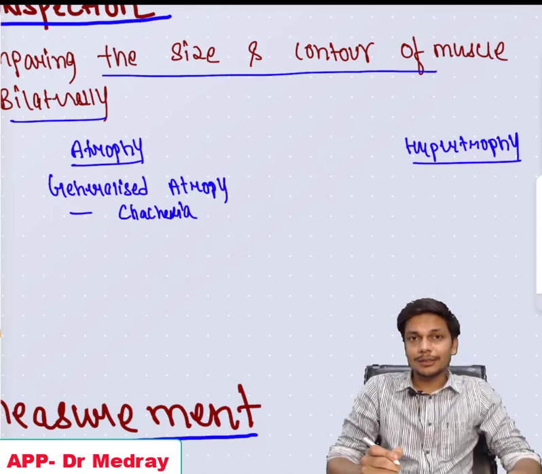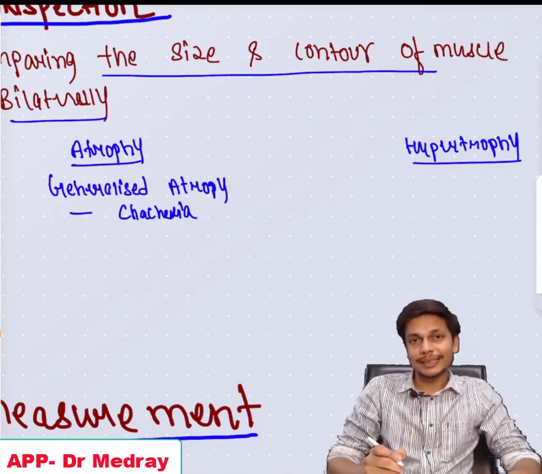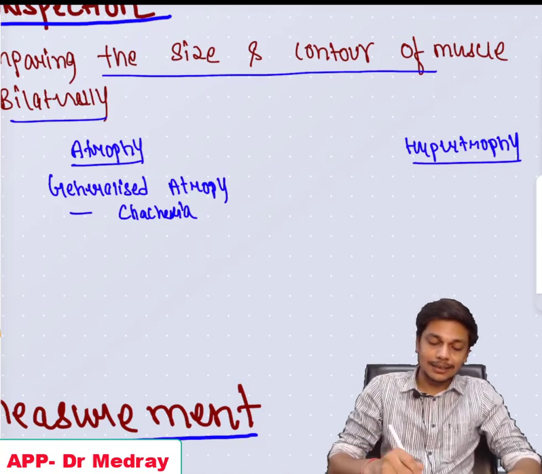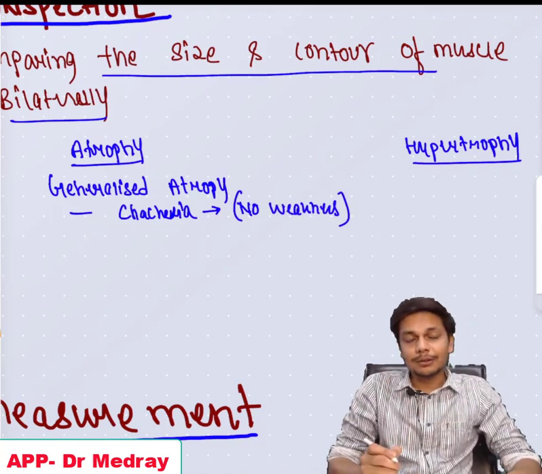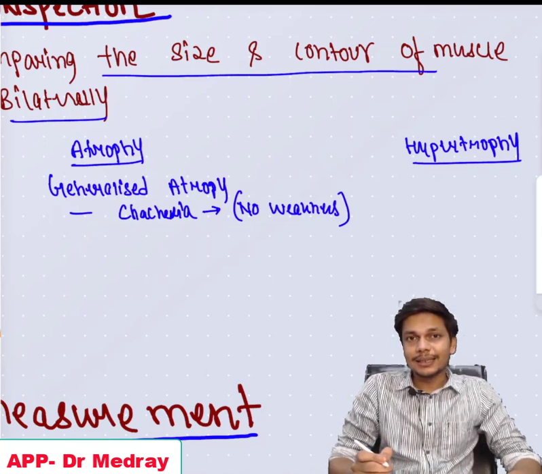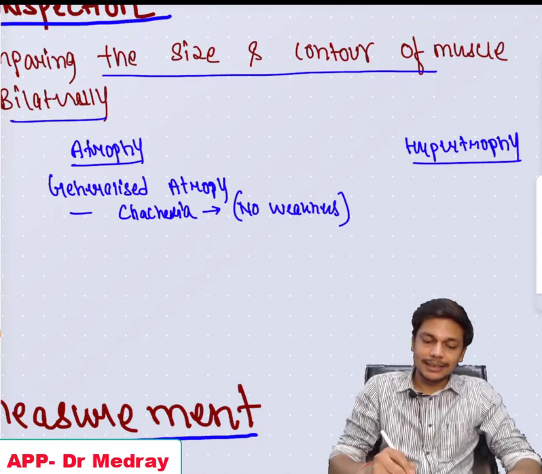But this is not a neurological condition. Then how can you differentiate? Remember that if the patient has atrophy because of cachexia, there will be less weakness or no weakness. But if the patient has atrophy because of neurological disease, there will be loss of muscle volume and along with that the patient will have weakness.